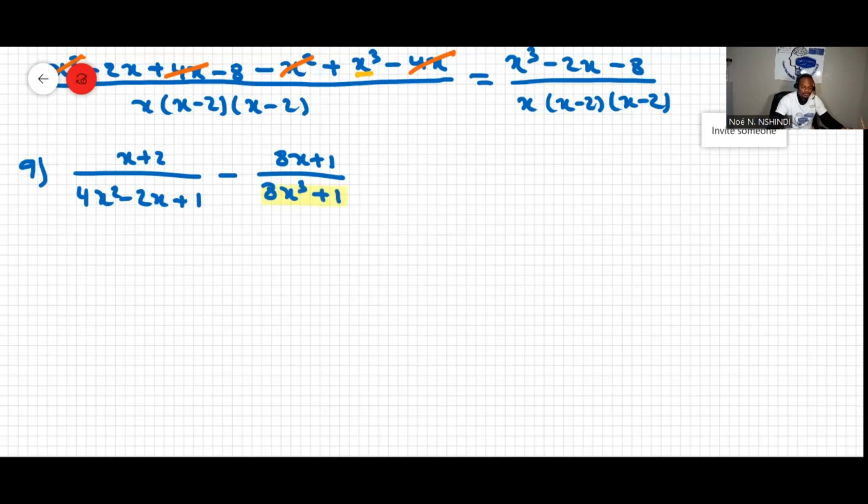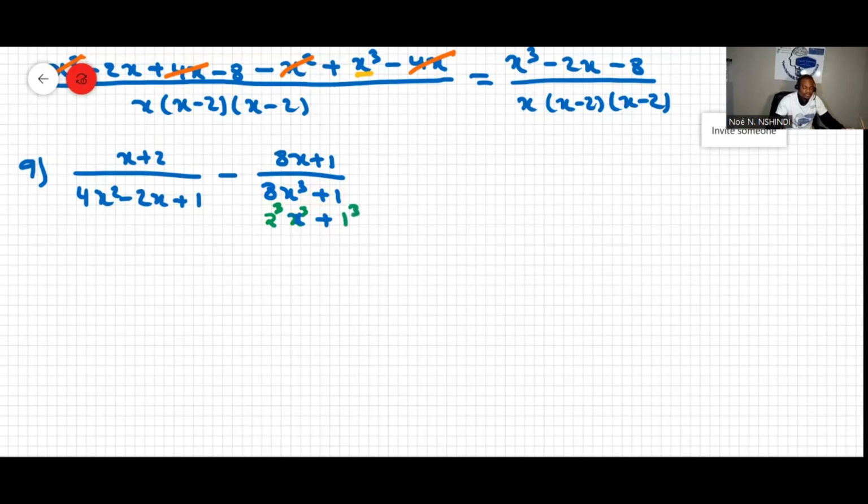And I'll prove it to you because 8 is a cube of 2, so it's like 2 cubed x cubed, okay? And then plus 1 is also a cube of 1.